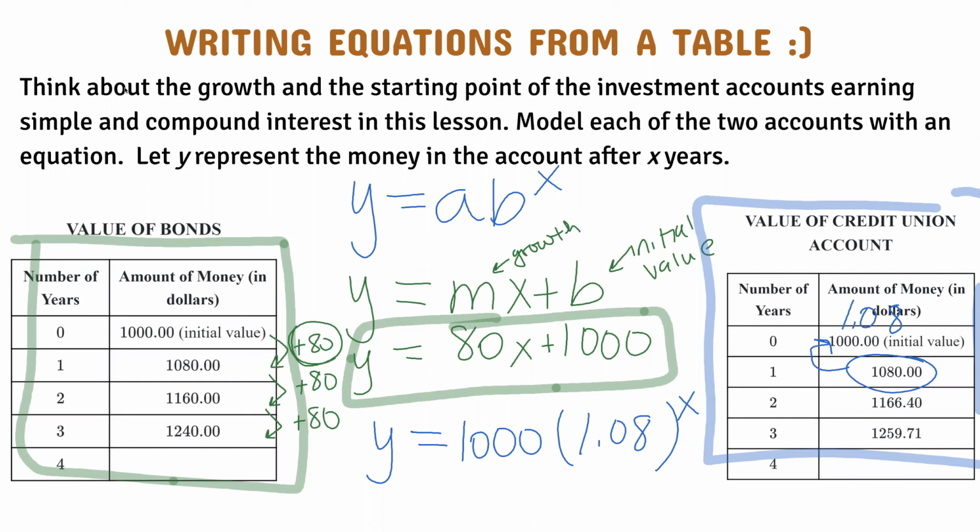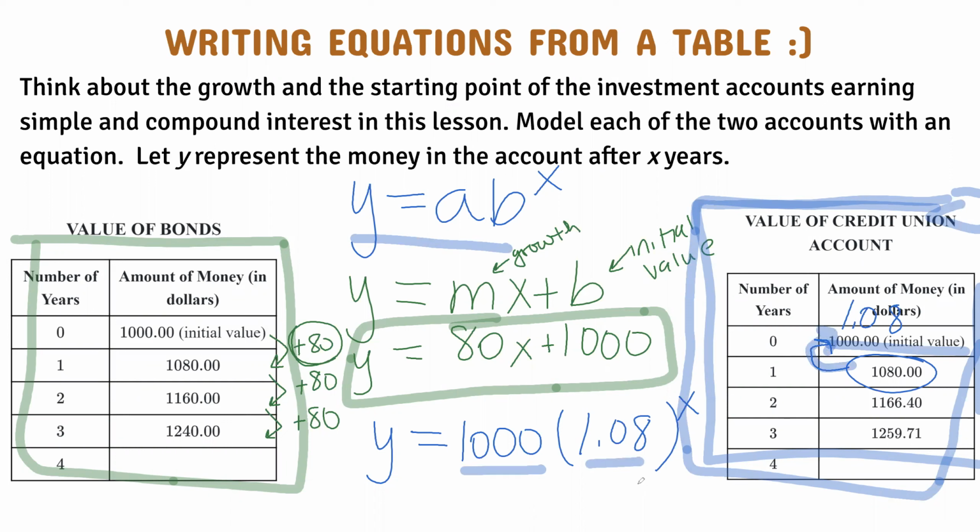Okay, make sure these are not more complicated than they need to be. If you have a compounded interest problem or you have an exponential, here's your equation. You started with $1,000. You figured out what the multiplier was to the x power. And that is it.